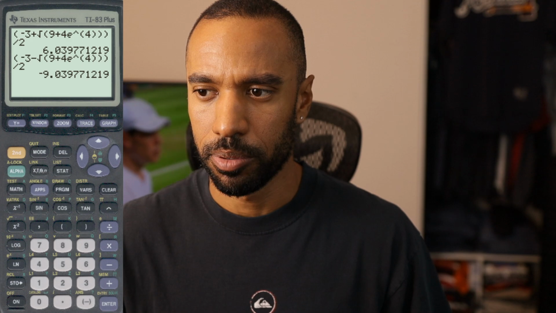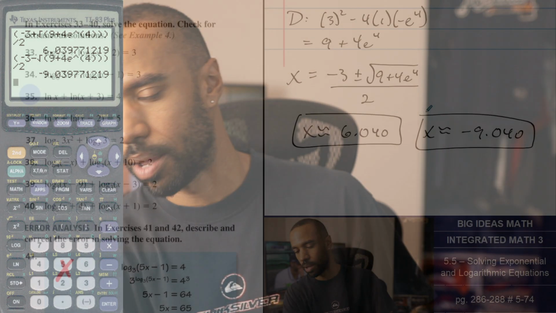So the first one is this number, and then I'll do minus for the second number. And we'll have to check on these just by their nature. I'm not going to plug them in. I just want to see if anything results to negatives. So I'm sure the negative one will result to negative logs. So x is about either 6.040 when rounded, or x is about negative 9.040 when rounded is what I'm getting there.